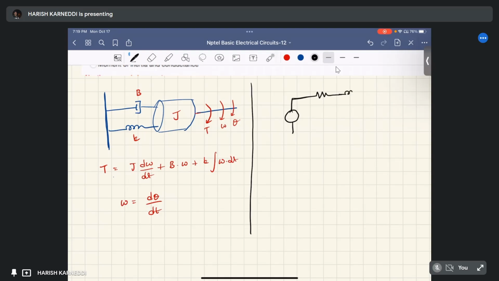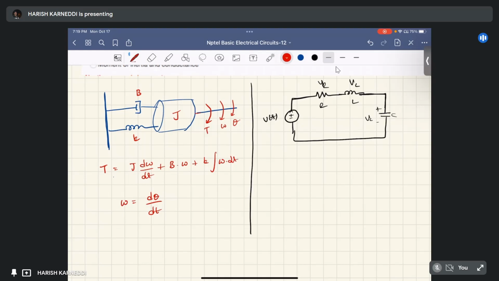It has R, L, and the capacitance C. Here the input is, let us suppose, V of t. The voltage drop across the resistance is VR, across L it is VL, and across C it is VC.